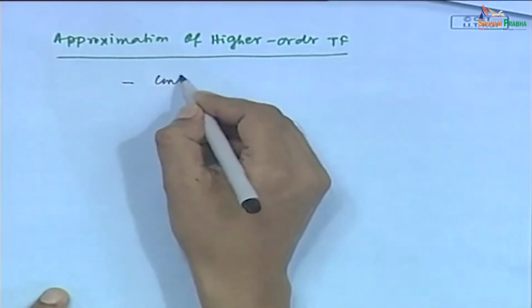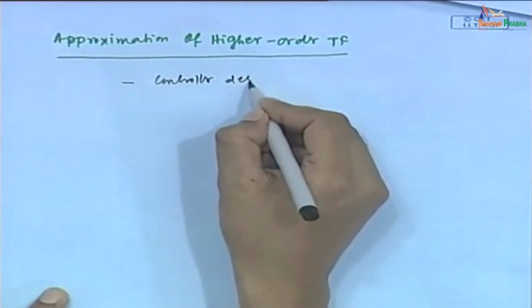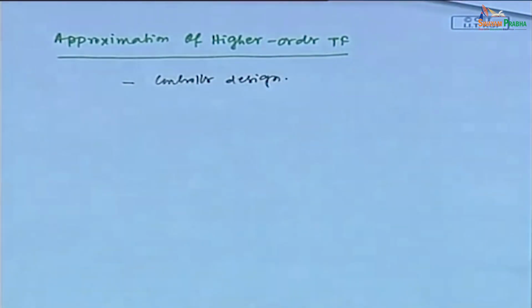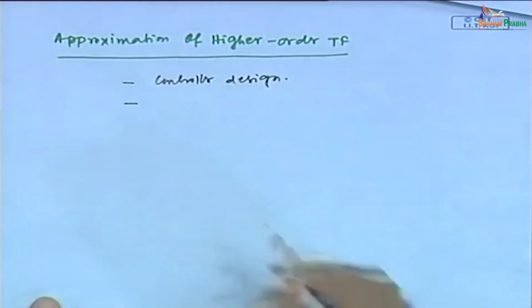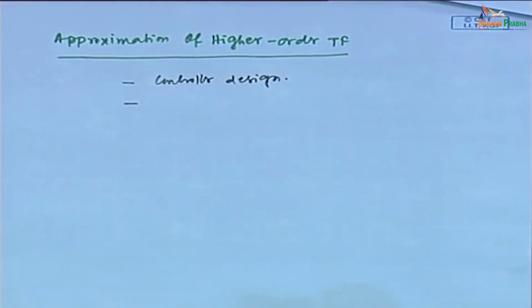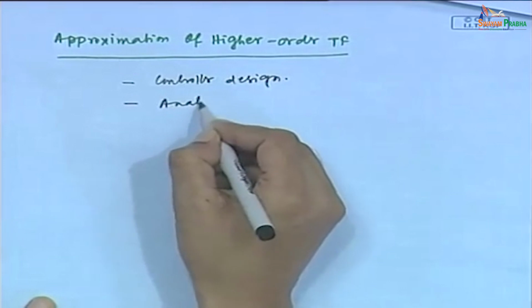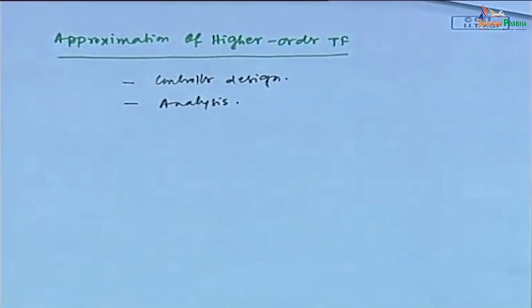So, the first advantage is that by approximating higher order to lower order, we can easily design the controller. Another advantage is that it is easy to analyze the lower order transfer function.